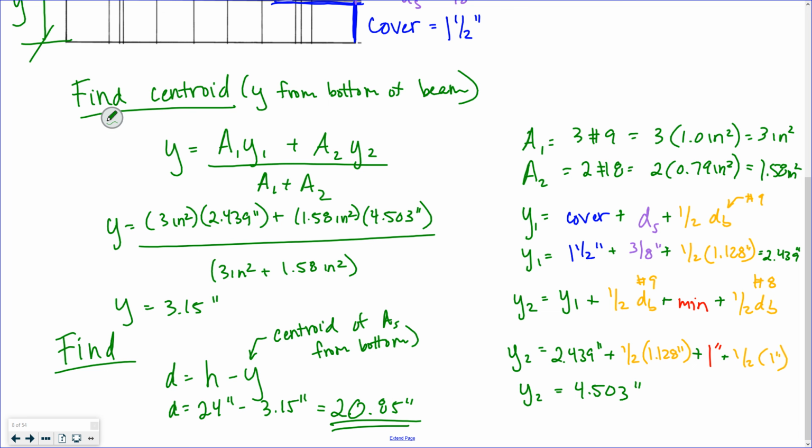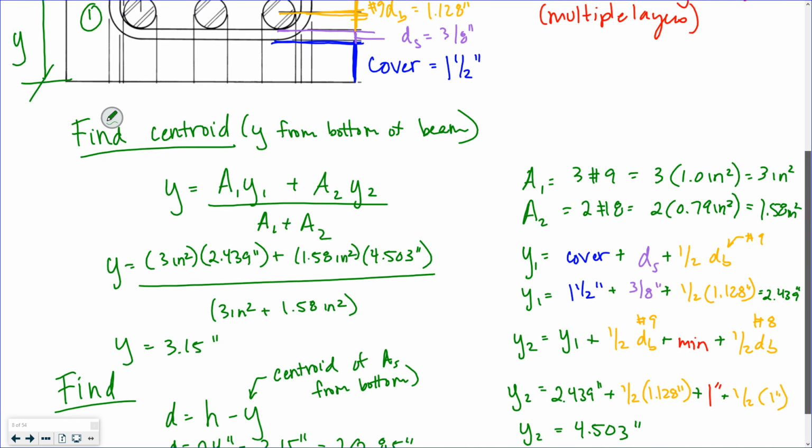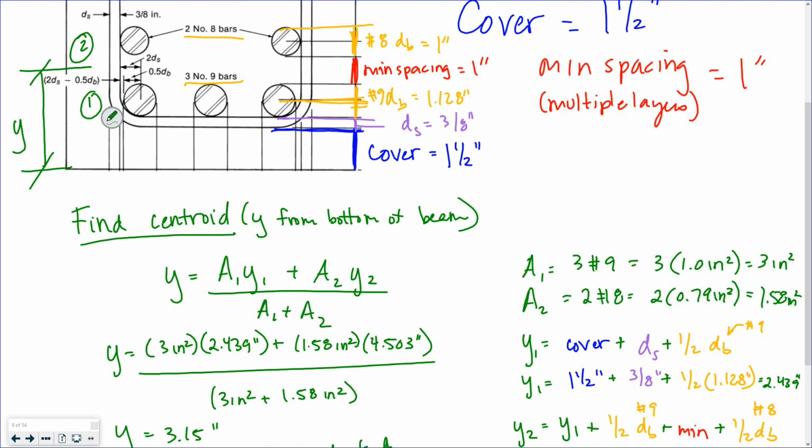And that's D, like the distance from your extreme compression fiber to the centroid of your tensile reinforcement. If I were trying to find dt, it would be 24 inches minus Y1, right?